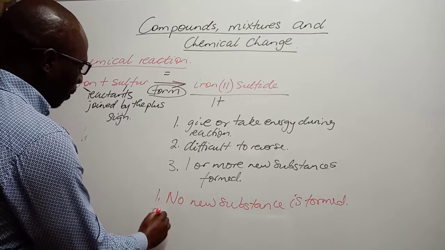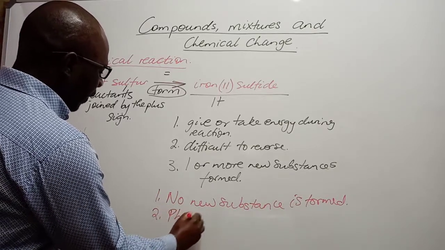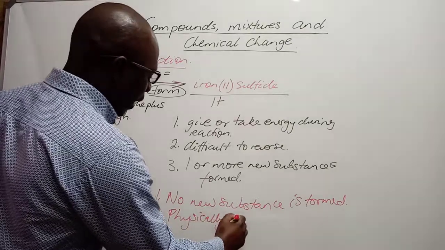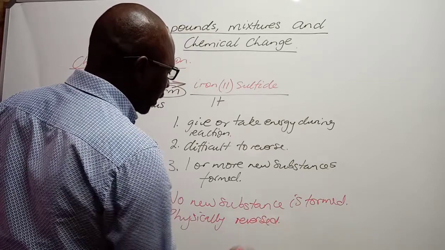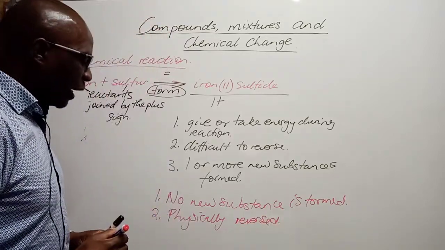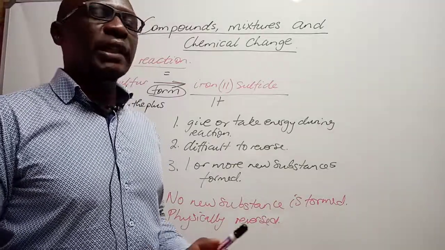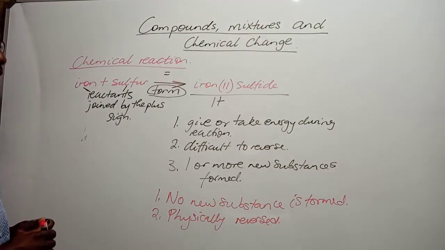The second thing about physical changes is that they can be physically reversed. Physical changes can be physically reversed. And processes that are involved in reversing these physically, processes like sieving, filtration, and so on.